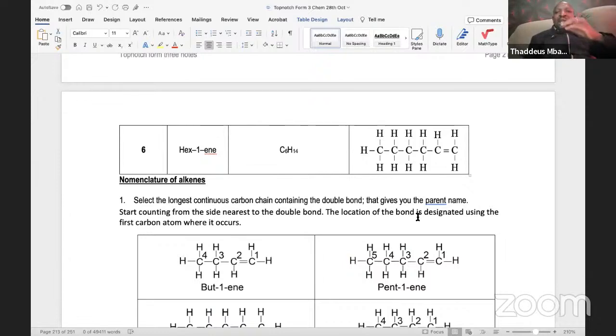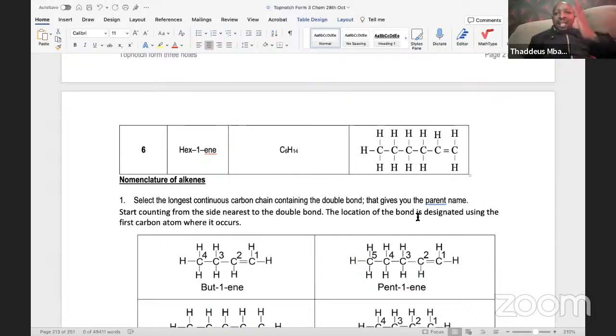Listen, when we are dealing with alkanes, we said you start counting from the side nearest to the location of the branch. The reason why for alkanes we start counting from the side nearest to the location of the branch is because alkanes have no functional group.